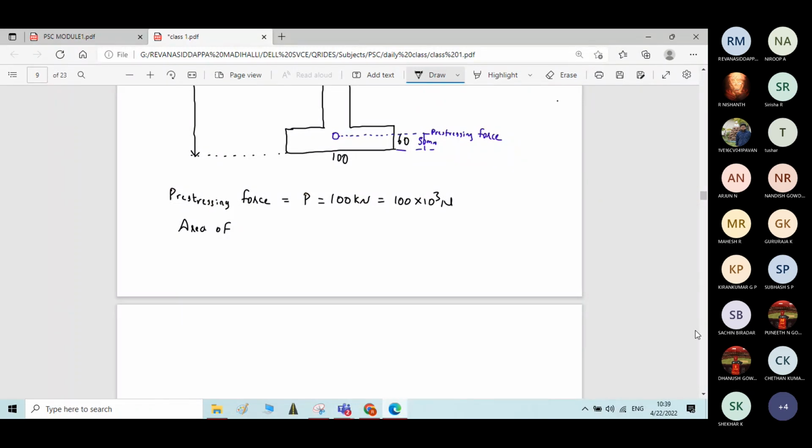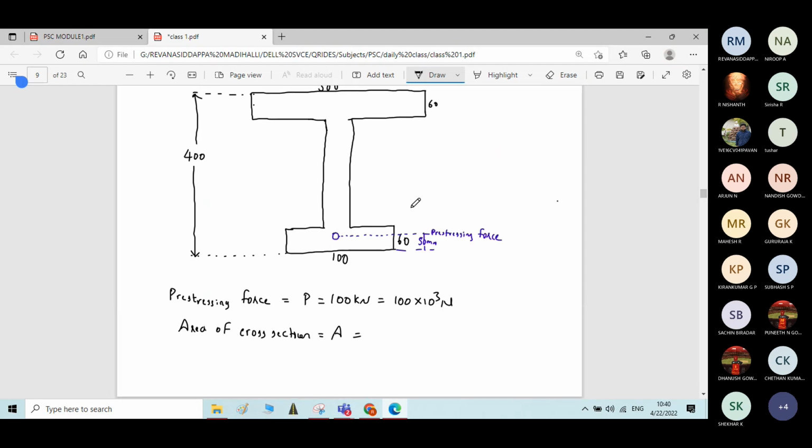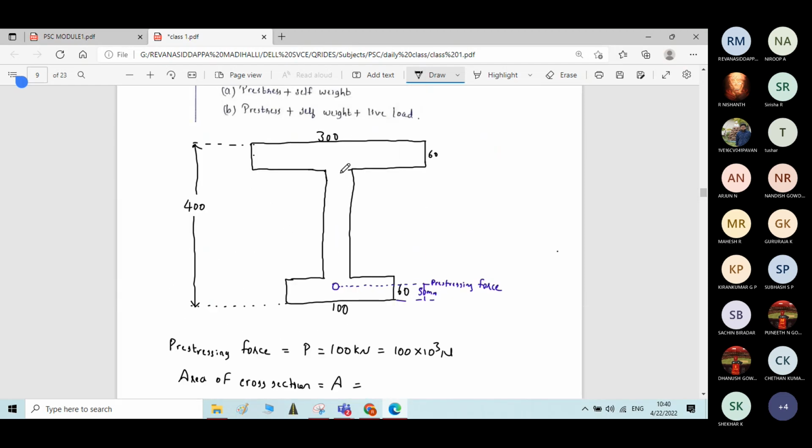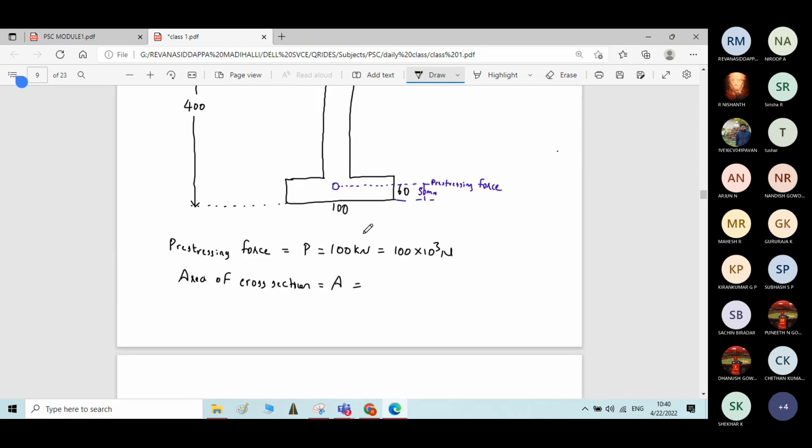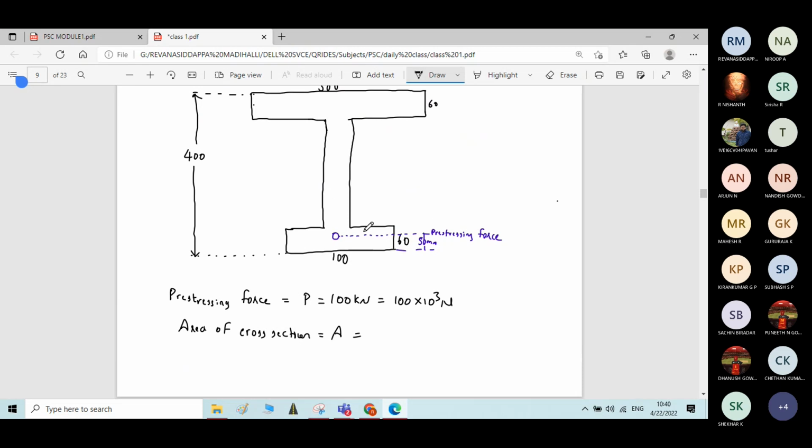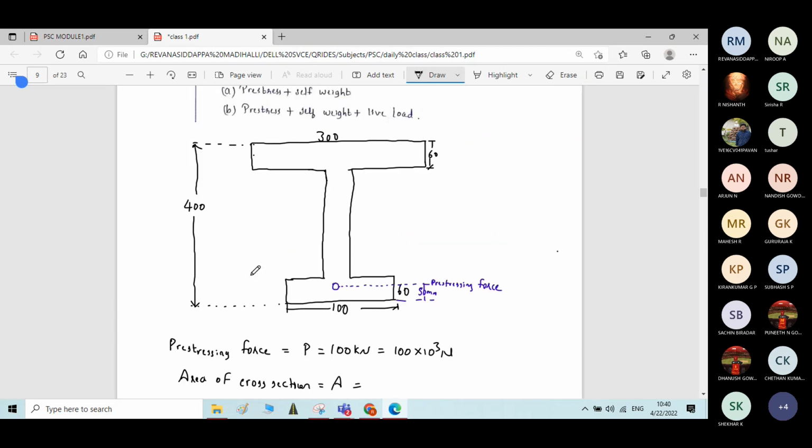The type of section given in this problem is an I section. You need to calculate the total area of this I section. All the dimensions of the I section are given, so using these dimensions you can easily calculate the total area of the section.